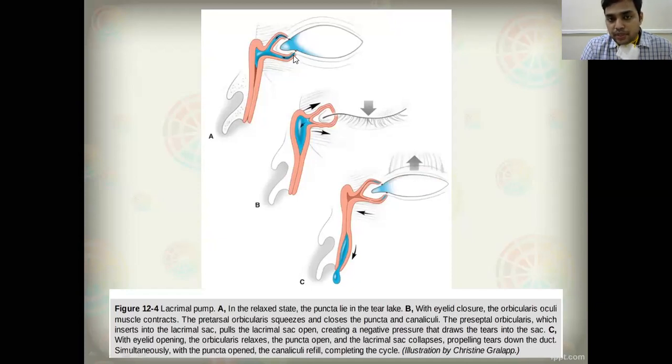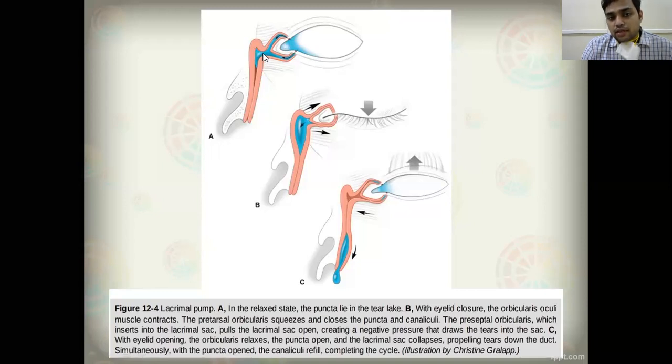Because of this contraction, the puncti and canaliculi are in the open state, so that the tears secreted from the lacrimal gland collect in the conjunctival sac and enter through the puncti into the canaliculi.